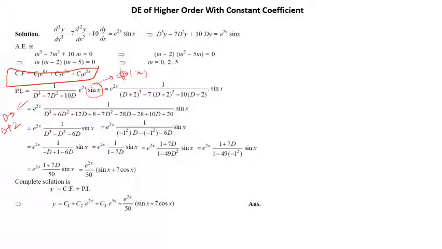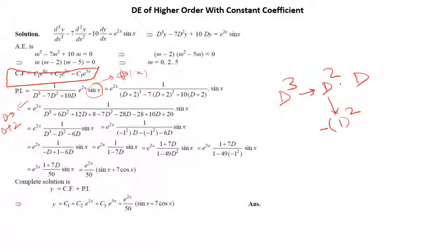D plus 2 cube, this, and solve this. We obtain this term. Now D cube. What is D cube? D cube is equal to D square into D. D square can be replaced by minus the square of the coefficient of x. The coefficient of x is 1, so minus 1 square, that is minus 1. Then minus 1 into D.